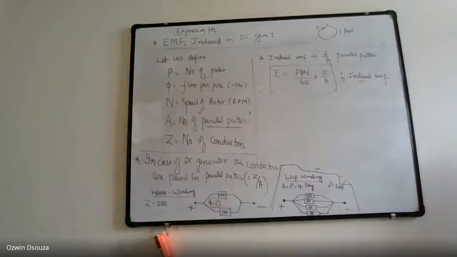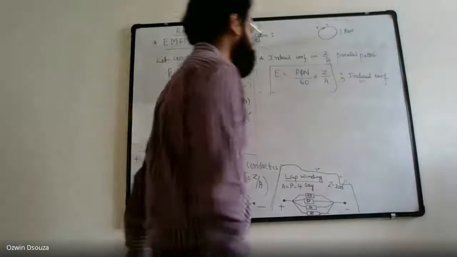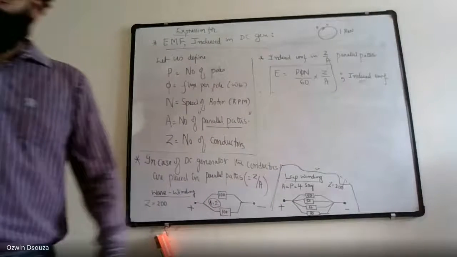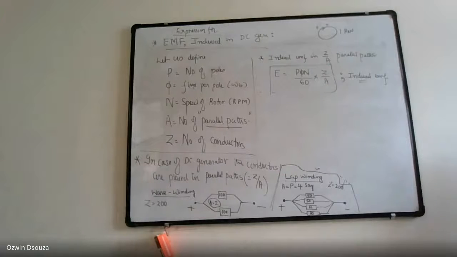All right. So E is equal to phi Z N P divided by 60A is basically the expression for induced EMF.